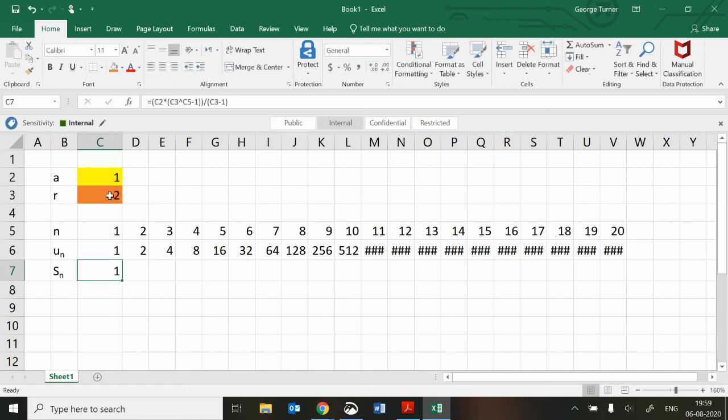I'm going to need, of course, to fix certain things. So I'm going to fix these squares. I'm not going to fix the C5 because I want that to change. So this is going to give me my sum formula now.